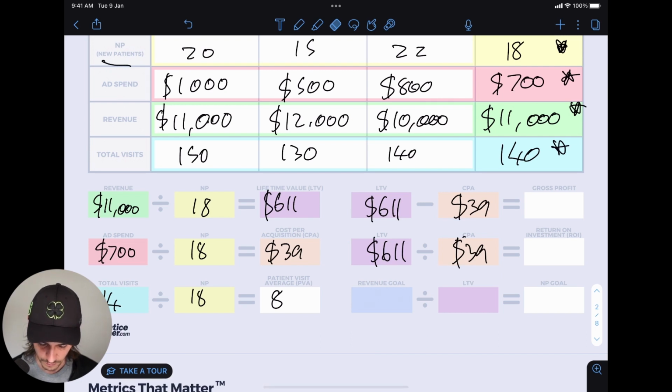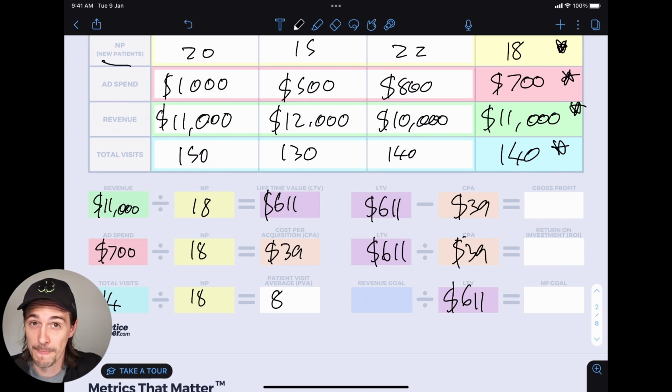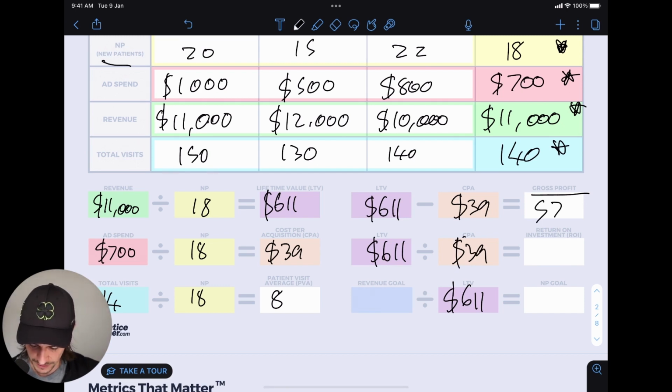So what does this do? Oh, we've got another LTV over here. Well, if I take my LTV, my average lifetime value over a 3-month period, how much money I'm making per new client on average, is $611, and I subtract $39 from that, I get my gross profit, which is going to be $572.